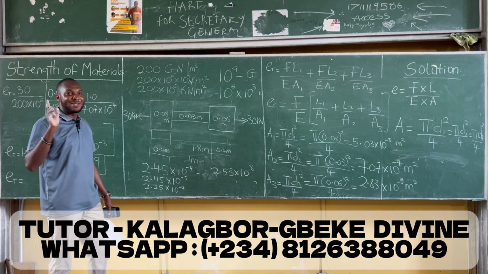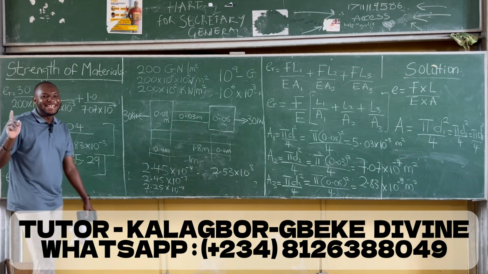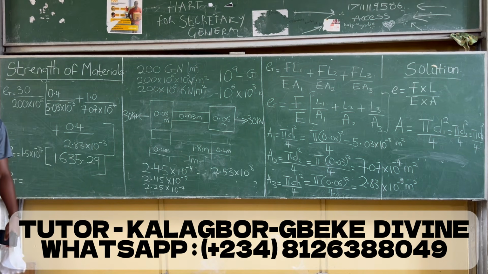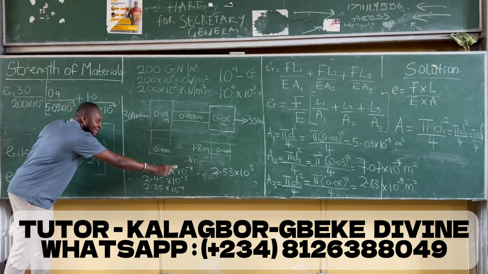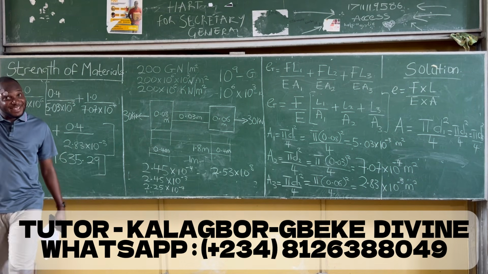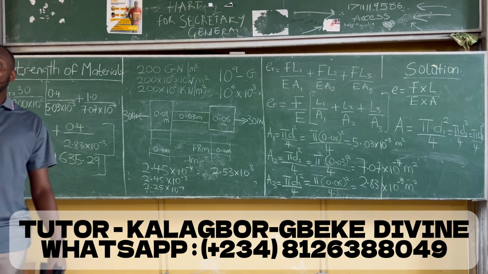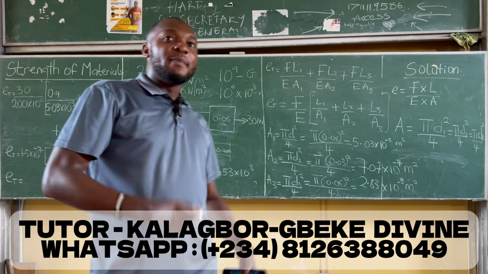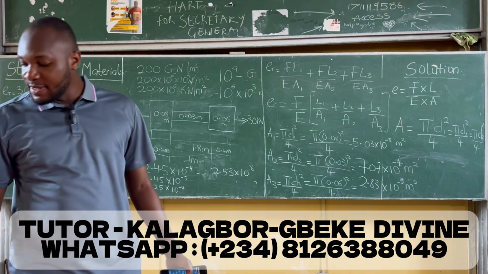So I will ban that calculator, because I don't know whether it's your calculator that's giving you the wrong answer or you're the one punching the wrong thing. It's the first answer. You are very sure. That's your own answer now. So what about these other people? You see the problem we have? Very simple things, but because of pressure, you make mistakes.